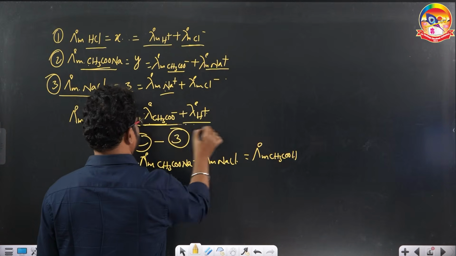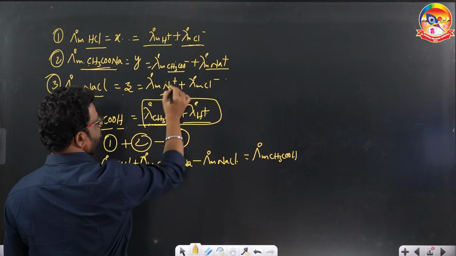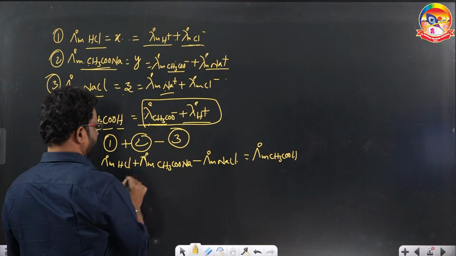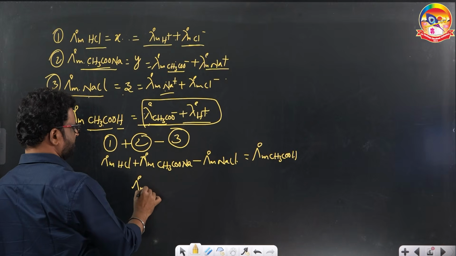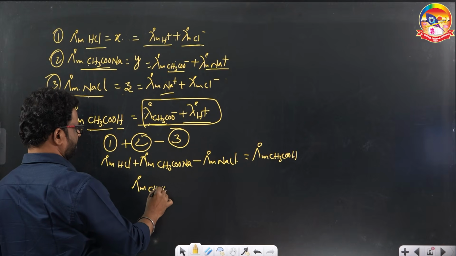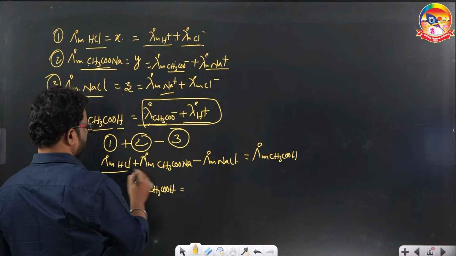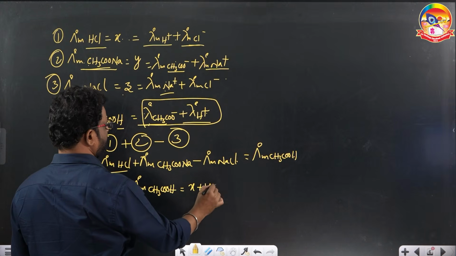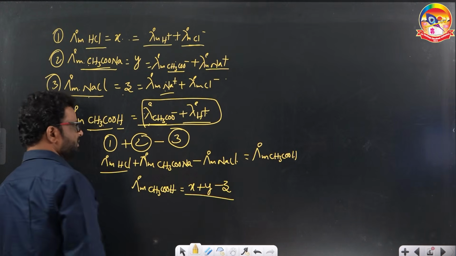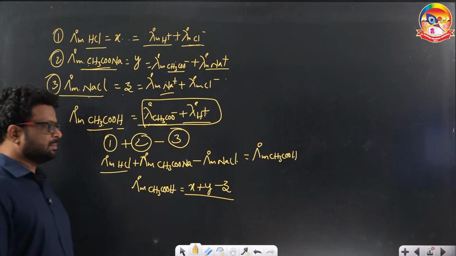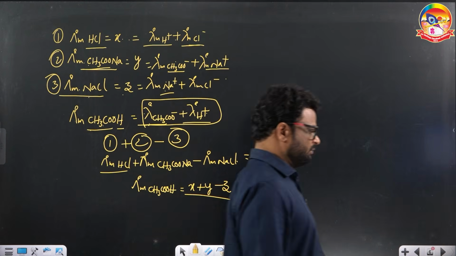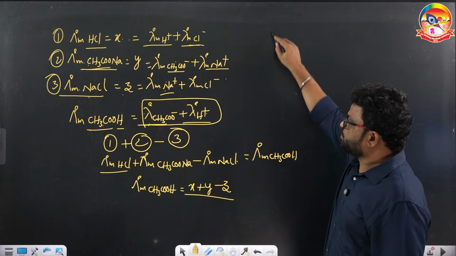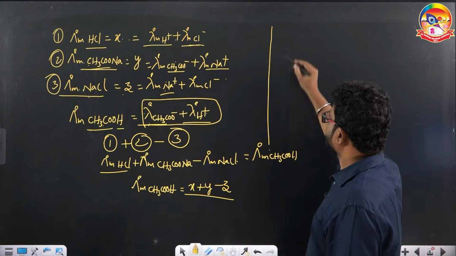Observe that. You will get this expression when you add these two and subtract this from them. So finally, lambda naught m of acetic acid will be equal to x plus y minus z. This is how to find lambda naught m of a weak electrolyte when the corresponding strong electrolyte values are given.